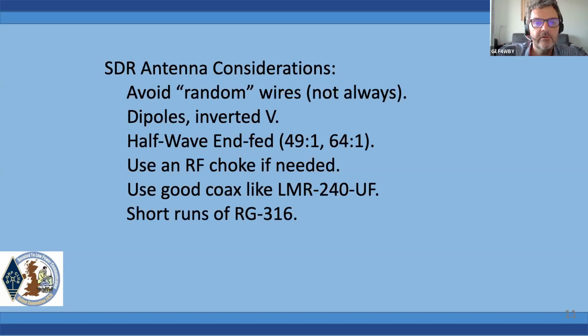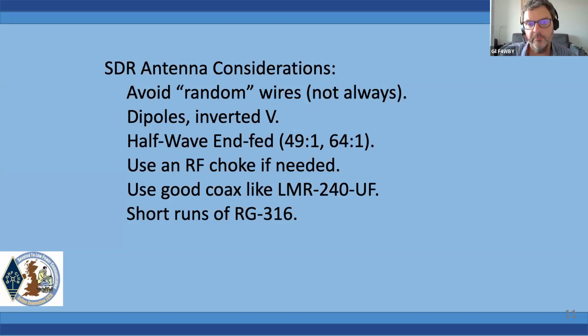All right, so antenna considerations. And first, like I said, avoid random wires. And when I say random wires, I mean any wire that's not a half wave. And most of the time people use random wires with a 9-to-1 unun. Any wire that's not a half wave is going to have an impedance of a few hundred ohms, and with 9-to-1 you reduce that to close to 50 ohms, and with a tuner you can get it perfect.